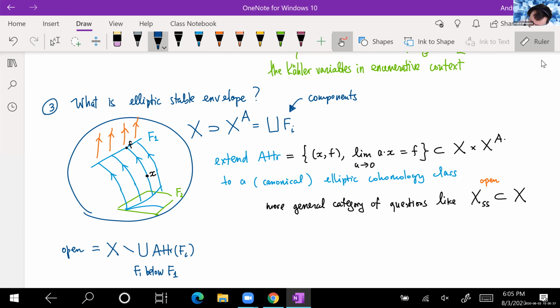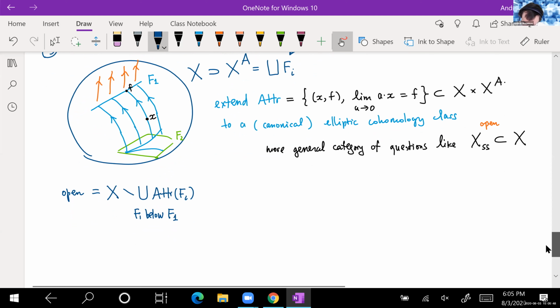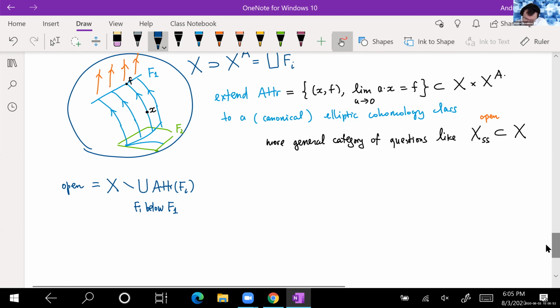And what would this look like? I claim that if you ask for classes to extend, this means an interpolation problem for sections of our line bundle L tensor whatever.